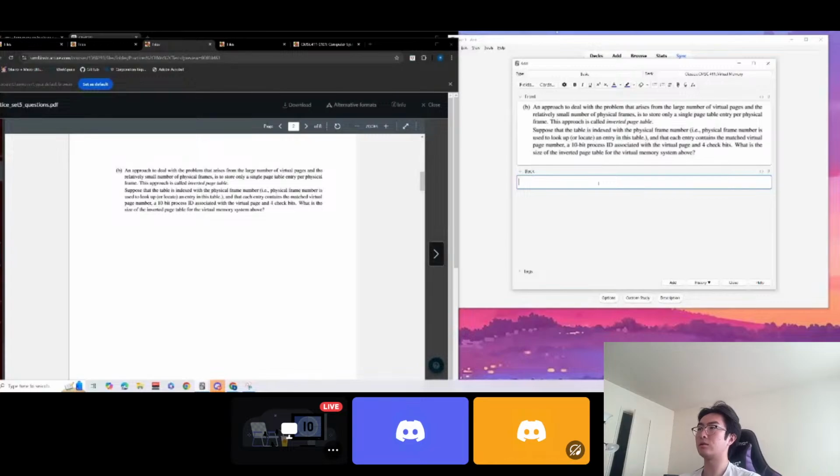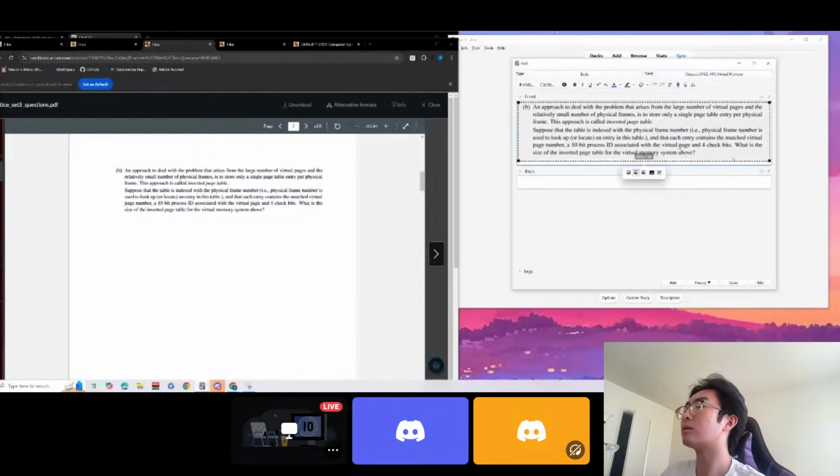Oh, okay, so the table is indexed with the physical frame number. So we had computed above the physical frame number was, I think, 18 bits, right?